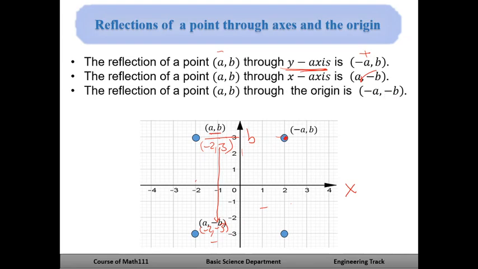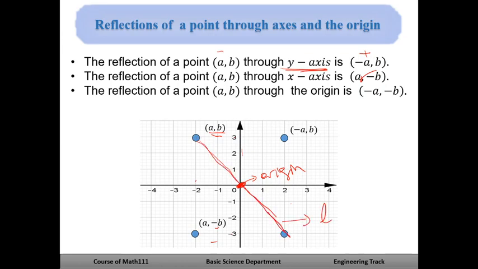Now the reflection of a point through the origin. This point is called the origin. So look at here, AB. Now you're drawing a line, and this is a line segment.